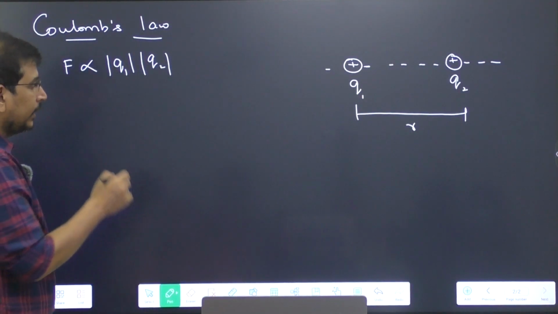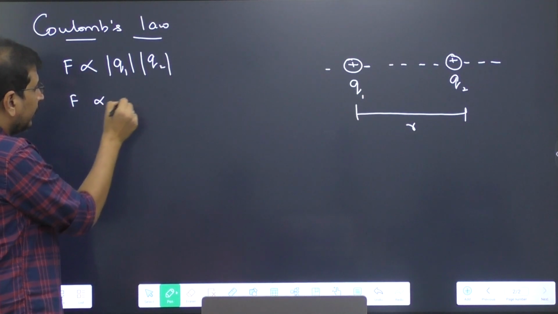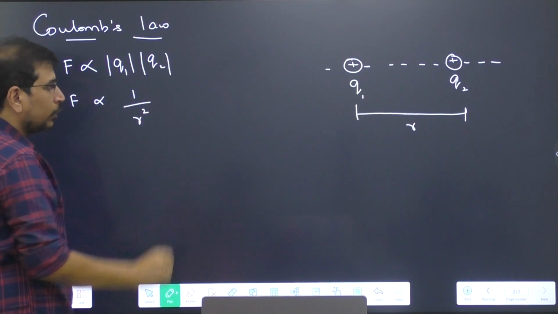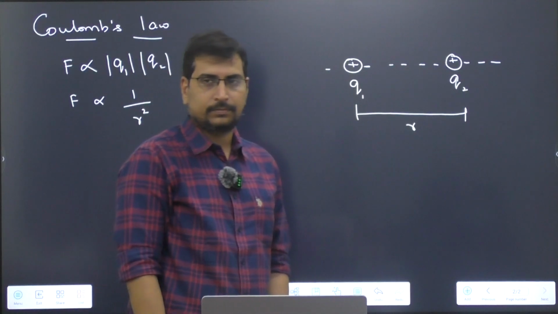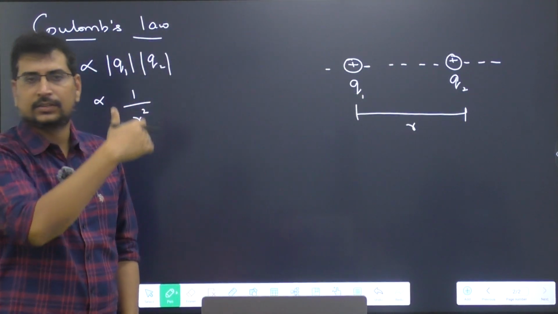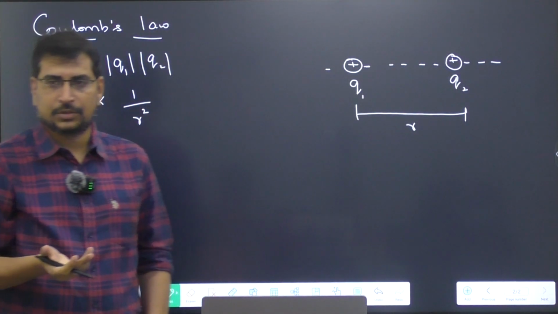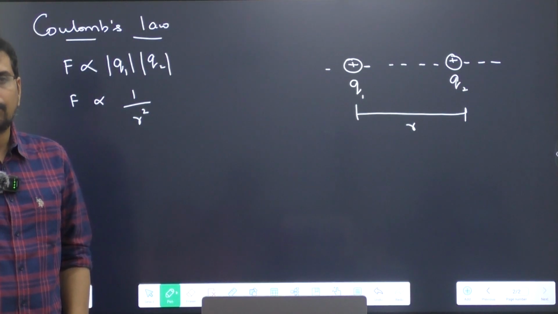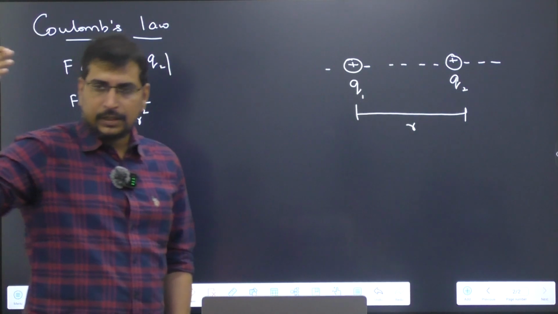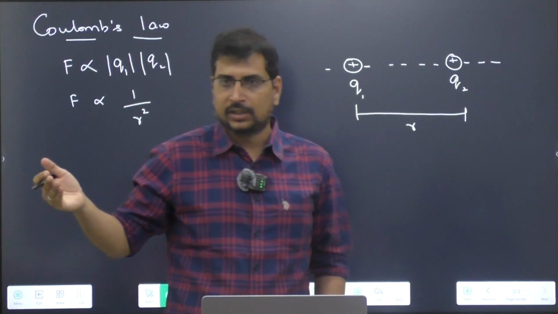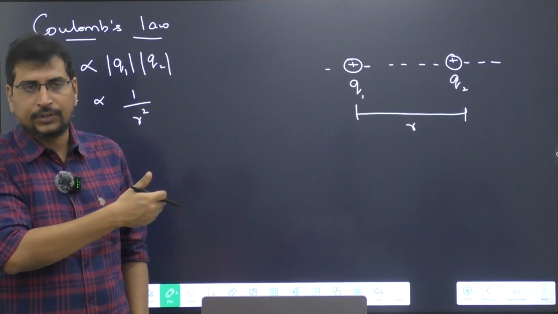Right? And it is inversely proportional to the square of the distance of separation between them. Right? I hope you would have recollected something else. It is Newton's law of gravitation, right? So there you would have learned F is directly proportional to M1 into M2 and inversely proportional to R square. Instead of M1 and M2, what do we have here?